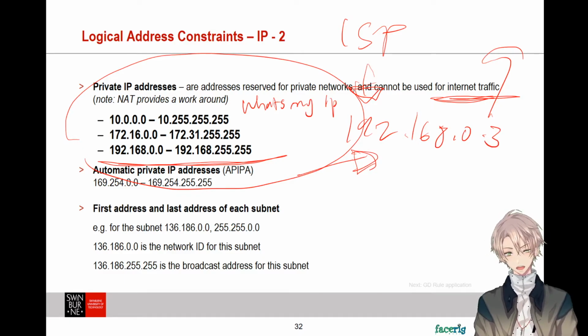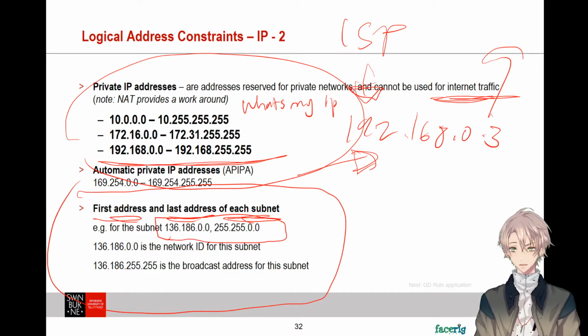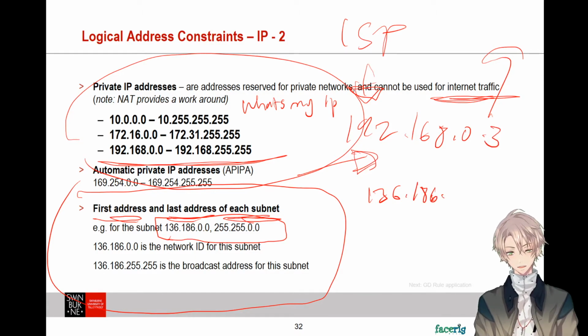And this one is very important. You cannot use the first address and the last address for each subnet. For example, this one. So this is 136.186.0.0 with subnet mask of 255.255.0.0.